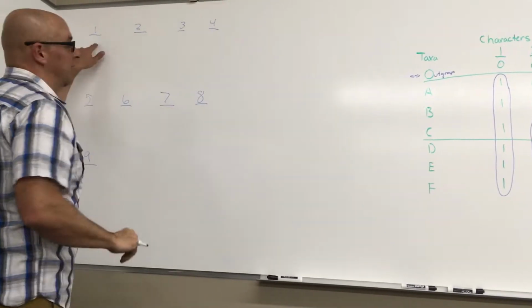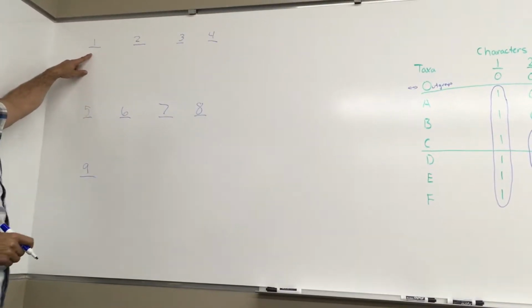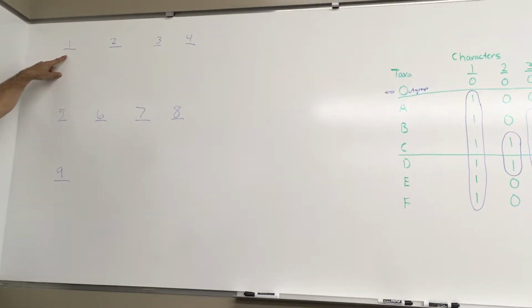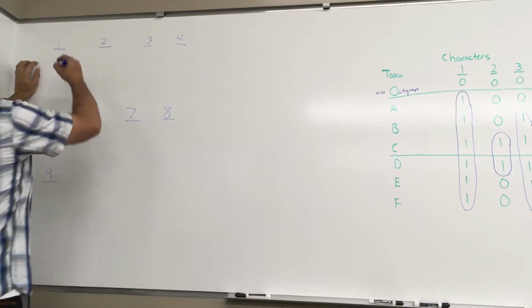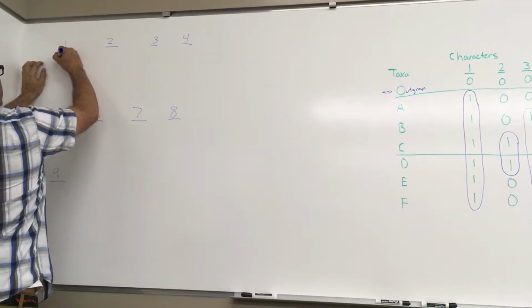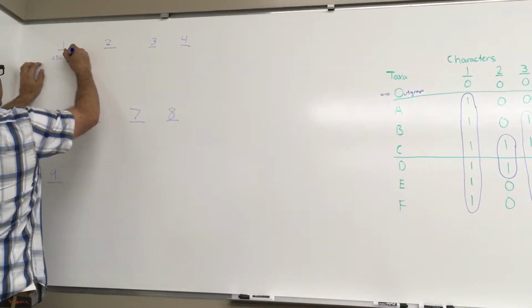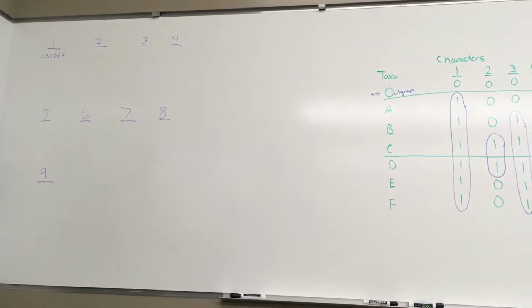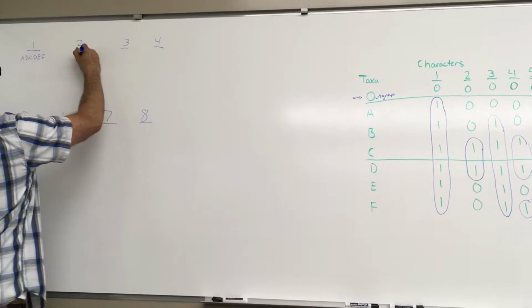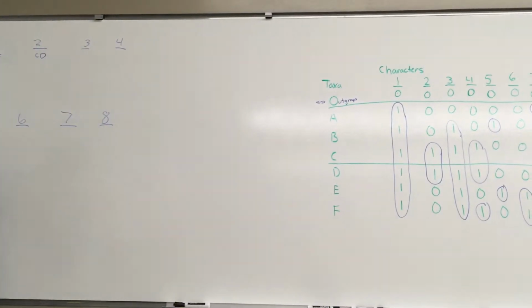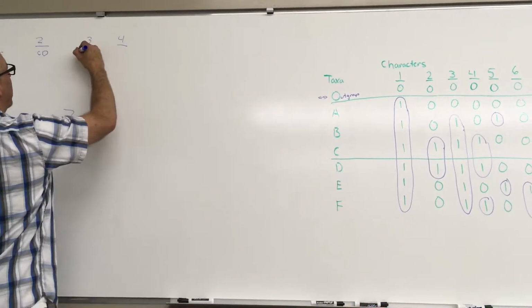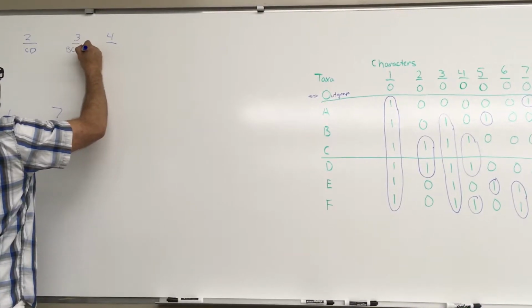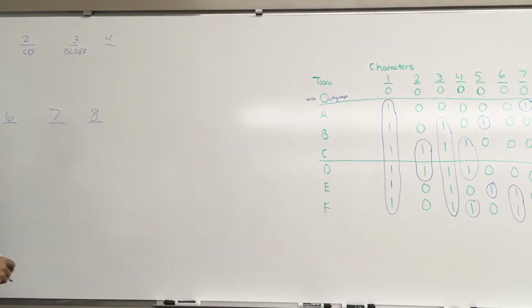And then underneath, character 1 suggests what group? A, B, C, D, E, F. Yep, so I just go A, B, C, D, E, F. Now character 2 suggests which one? C and D. C and D, okay, good. 3? B, C, D, E, F. Okay, 4?